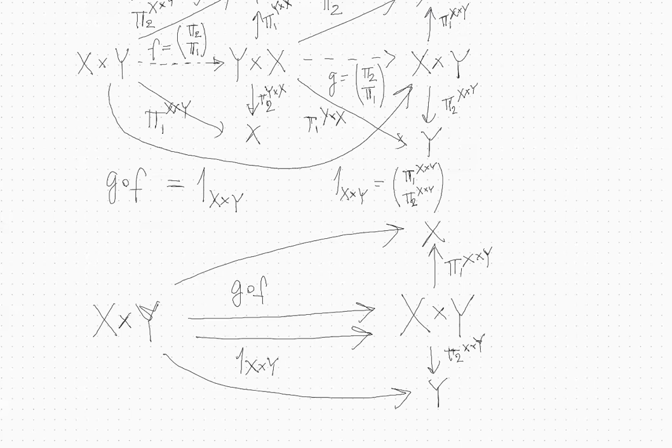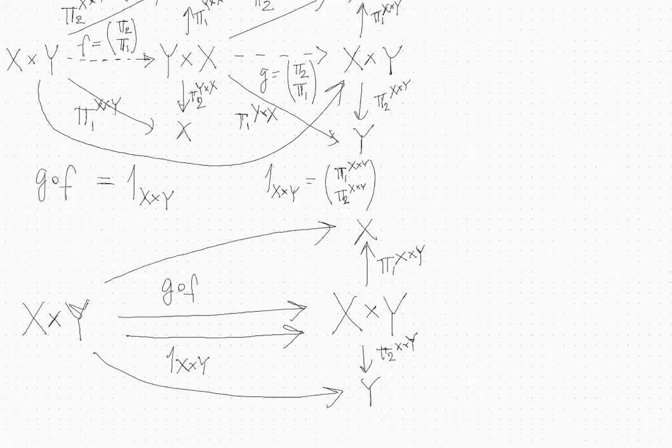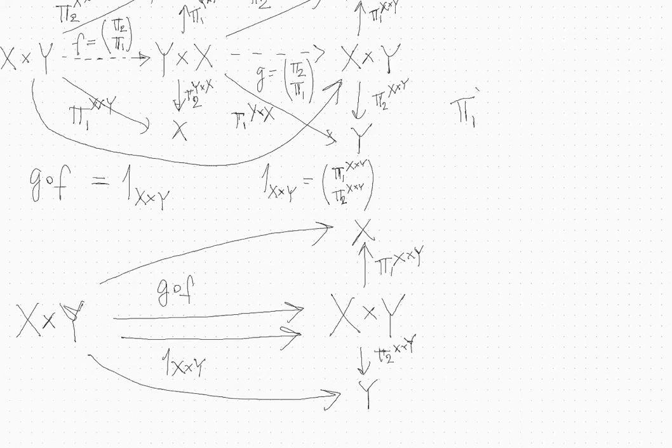So let's calculate what is pi1 of x cross y composed with G, composed with F, and since composition is associative, I can just write it down without brackets. And then look at the diagram here.